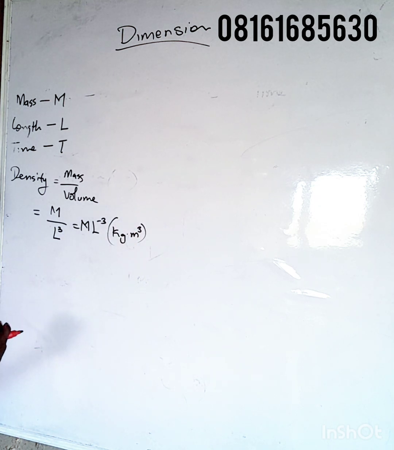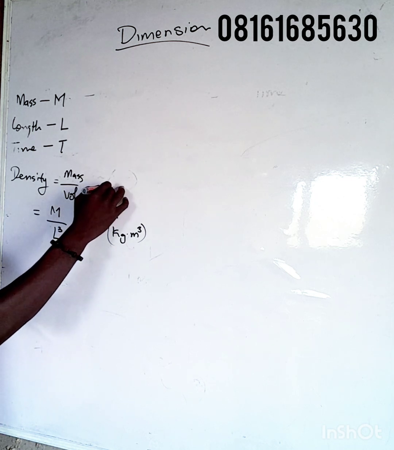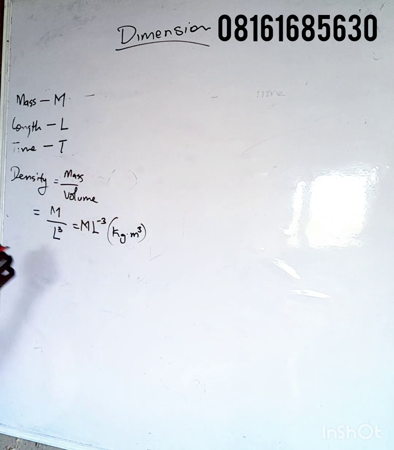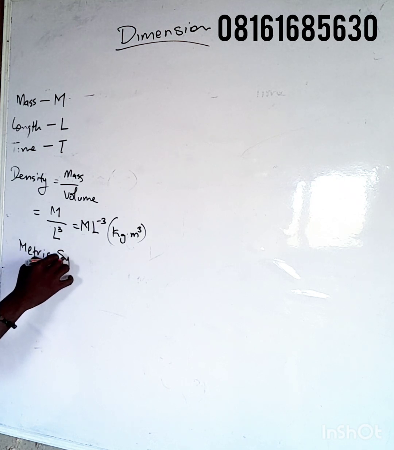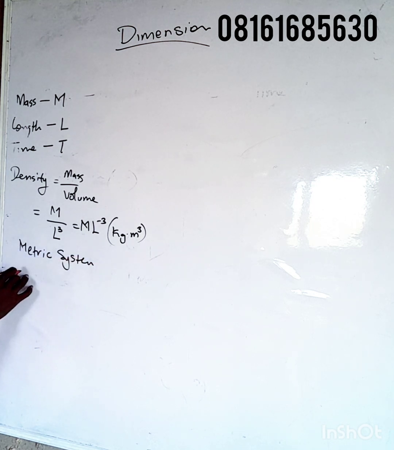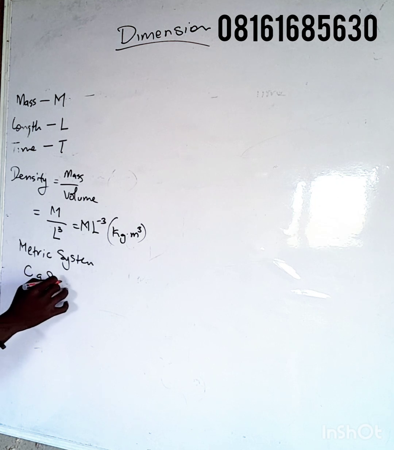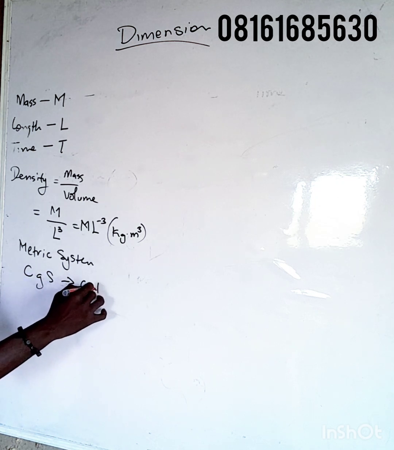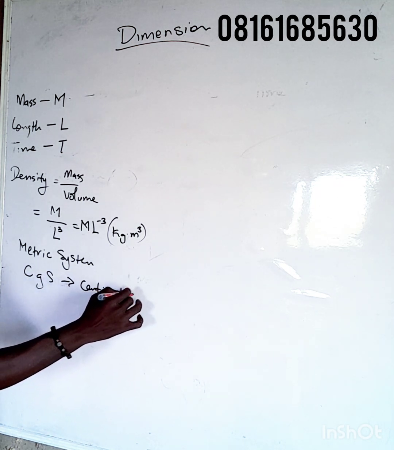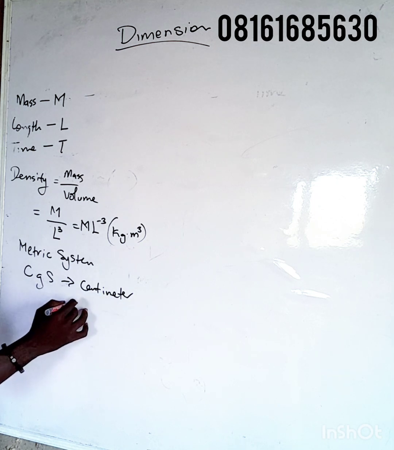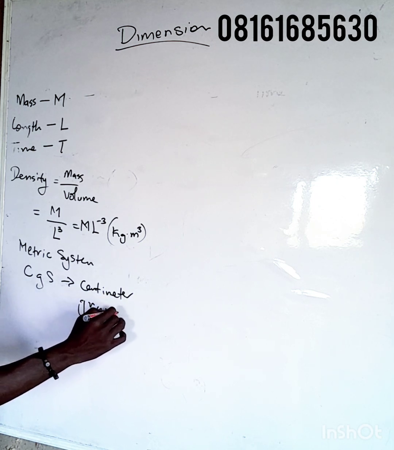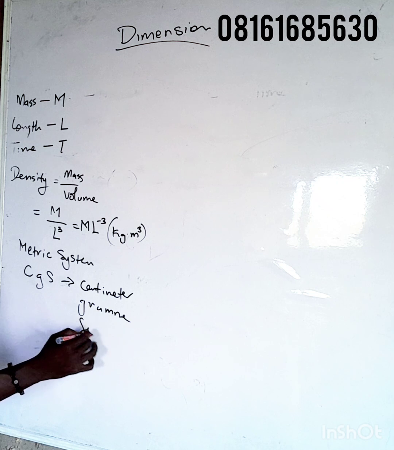what you are calculating. There is what we call the metric system. Look at the board. Metric system. Under the metric system, we have what we call CGS, which represents centimeter, followed by gram, followed by seconds.